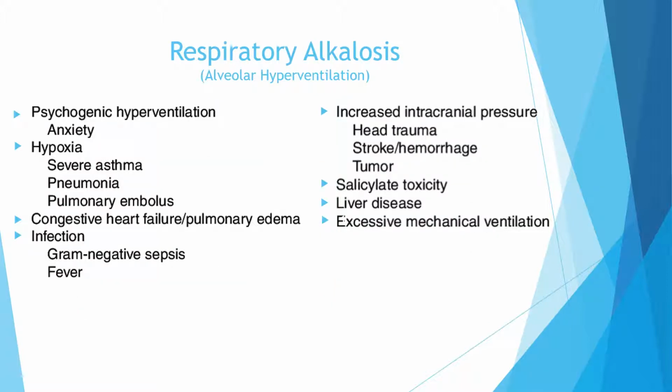Respiratory alkalosis is anything that leads to alveolar hyperventilation. So this can include things such as psychogenic hyperventilation, such as when people are anxious, hypoxia, CHF, infections, things that cause increased intracranial pressure, salicylate toxicity, liver disease, and excessive mechanical ventilation.